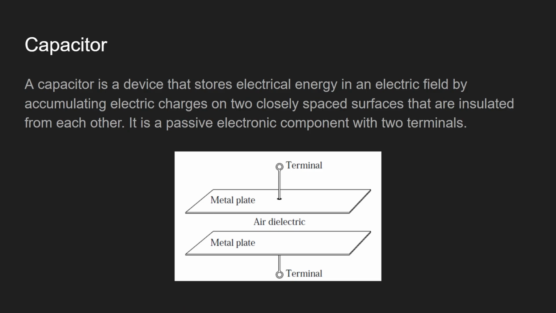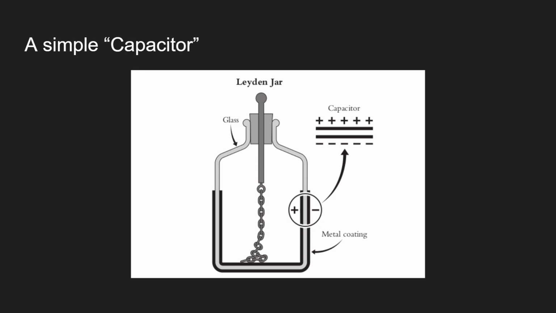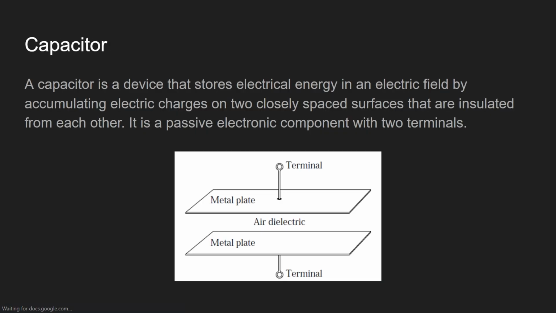For a capacitor, as I've just mentioned, we've got two metal plates here, insulated. If we don't have any other materials inside, we call it air dielectric. We use air to separate the two metal pieces.